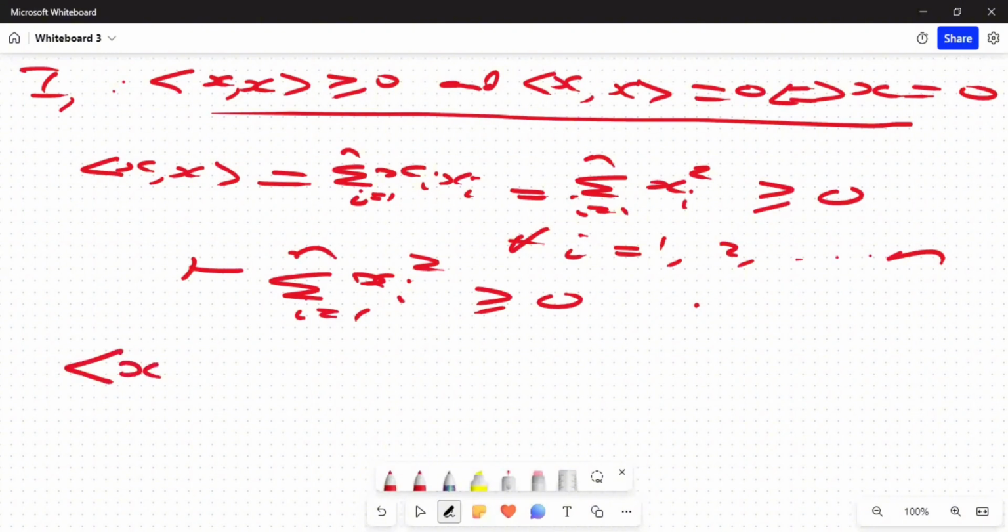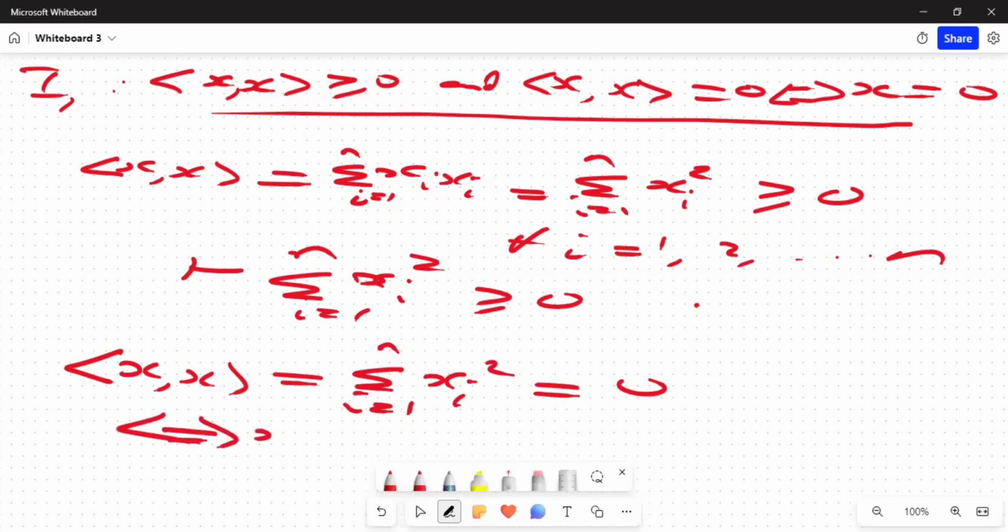Now, that's the first part. The second part is the inner product of x, comma, x, which we have already discussed to be the sum of xi squared. If you claim that this is equal to 0, what does that mean? This will be equal to 0 only if every xi is equal to 0, for all i, 1, 2, up to n.